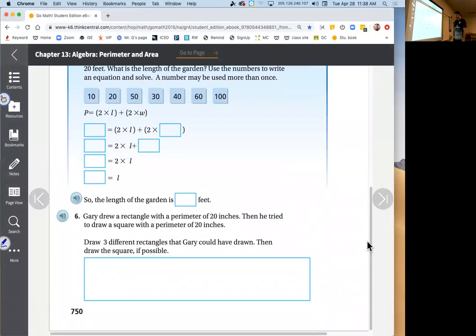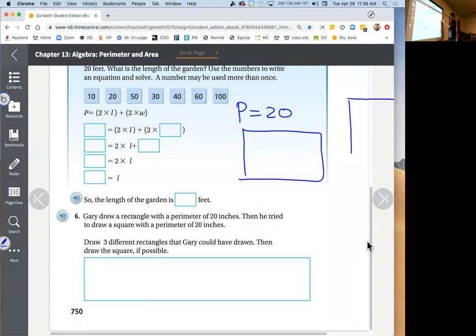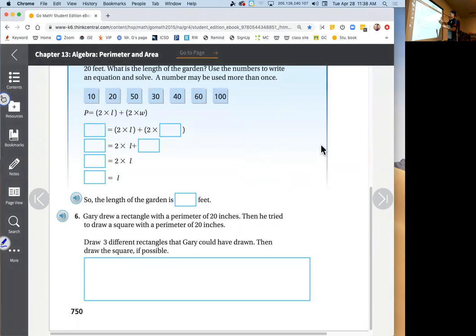Gary, good job. A rectangle with a perimeter of 20 inches. So we're going to draw this rectangle, and the perimeter equals 20. Then he tried to draw a square with a perimeter of 20. So now we also have a square. Whoops, that's going off. Let's move this over a little bit.